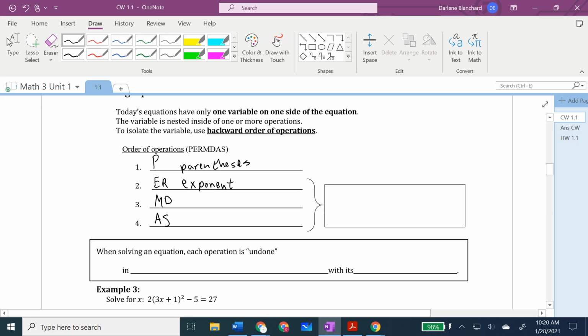But what they don't tell you is that exponents and roots are opposite operations in the same way that multiplication and division are opposite operations, and in the same way that addition and subtraction are opposite operations.